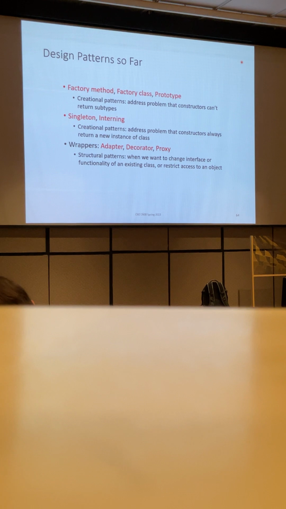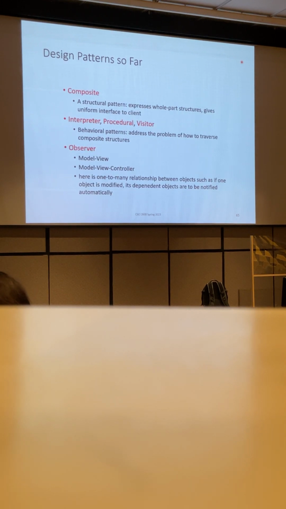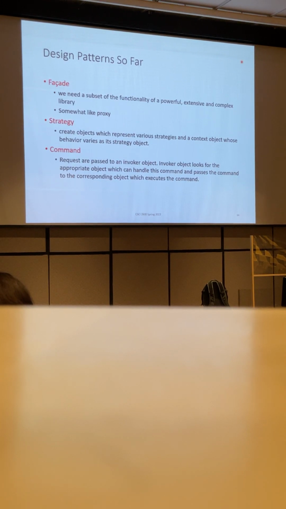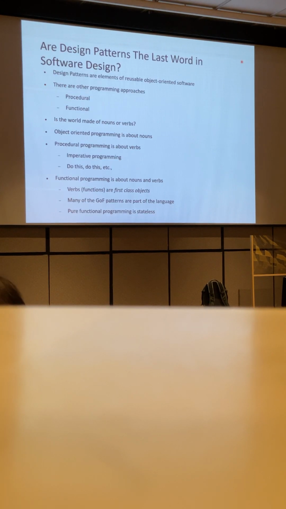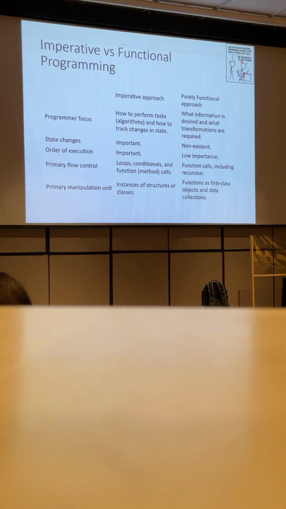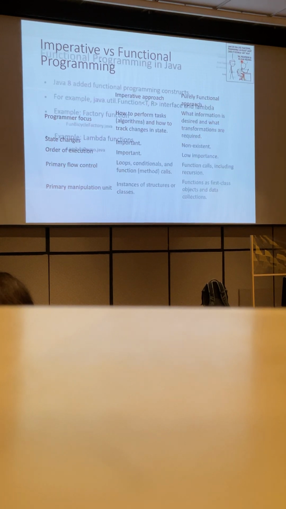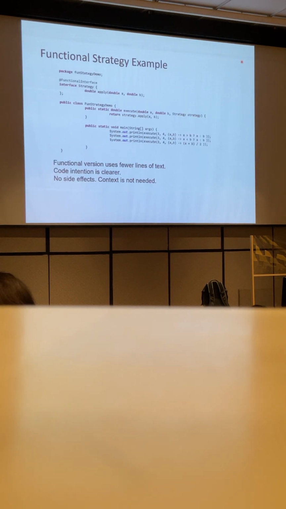All right, so the patterns that we covered so far: composite, observer, facade, strategy, command, and now functional programming. Let's skip it. Of course, it's not going to be on the exam.